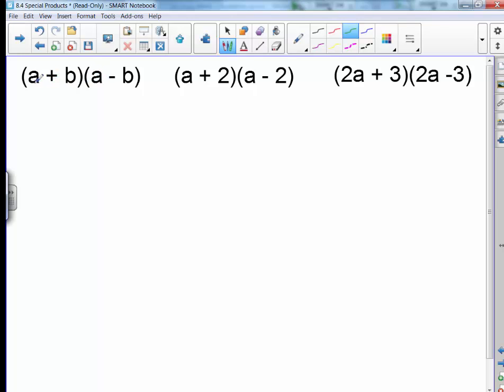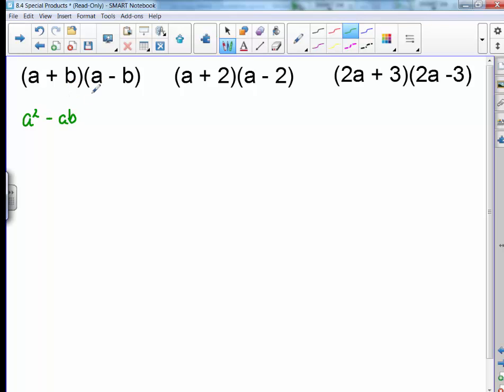You notice that it's the same thing, A and B in both parentheses. The only difference is one has a plus and one has a minus. So this is what happens. You go A times A and you get A squared. A times negative B and you get negative AB.